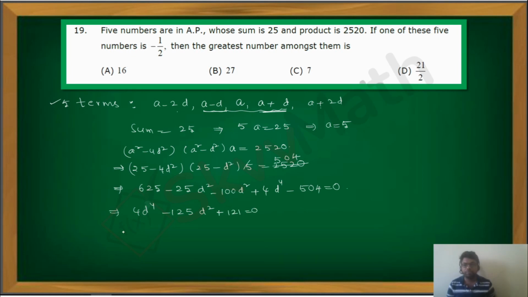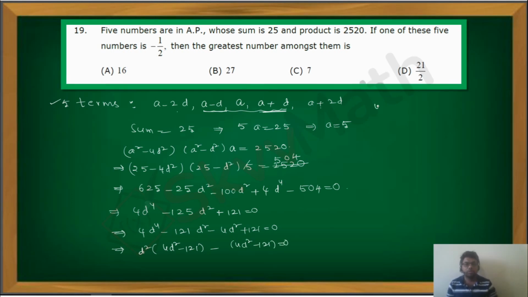So 121 and 4 sum to 125, so direct factorization is there. So 4D power 4 minus 125D square plus 121 is equal to 0. It is a matter of factorization. Now you can take D square common: D square into 4D square minus 1, and here minus 121, giving minus 4D square minus... that is, 4D square minus 121 is common, which is equal to 0.